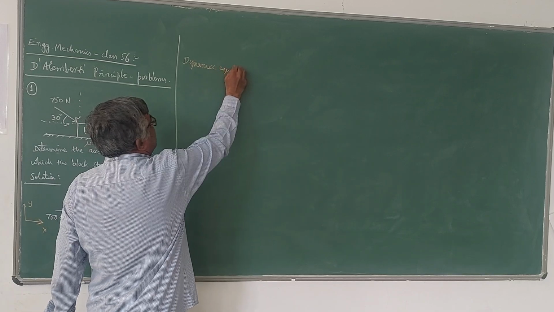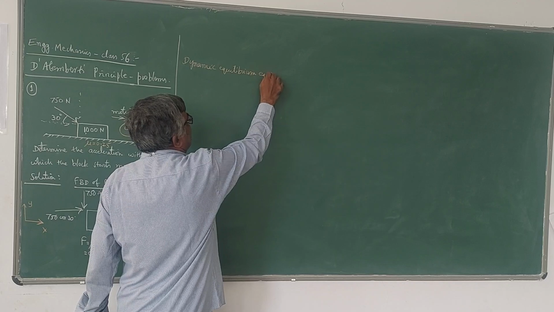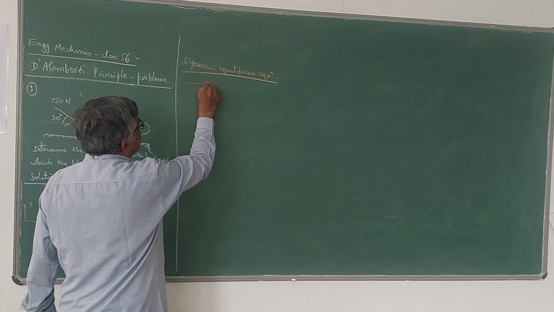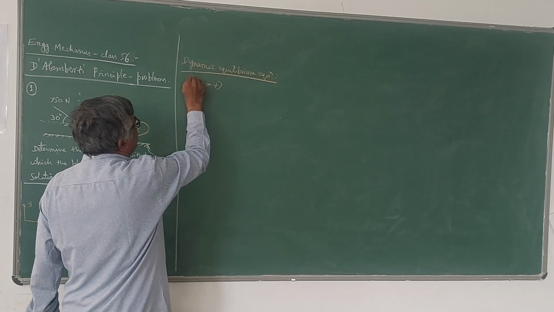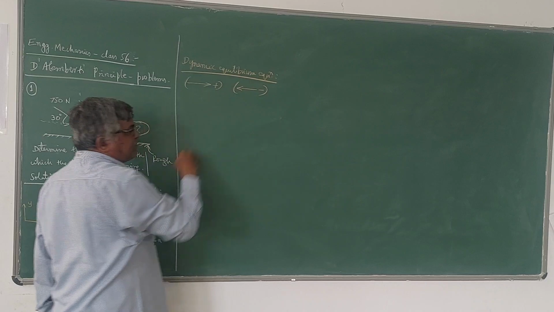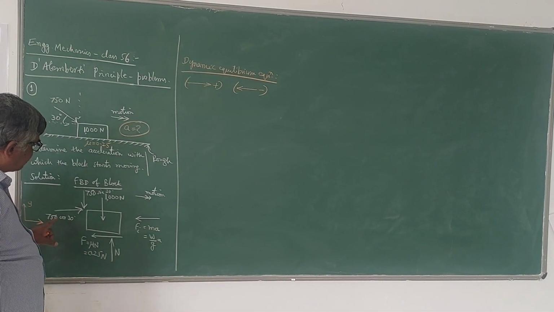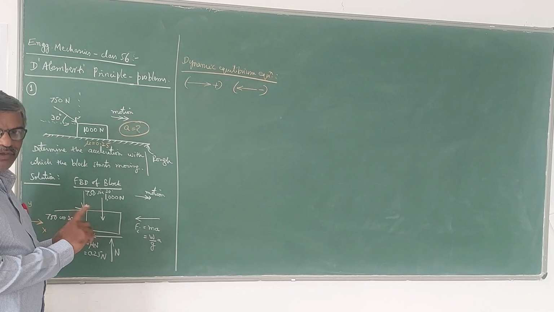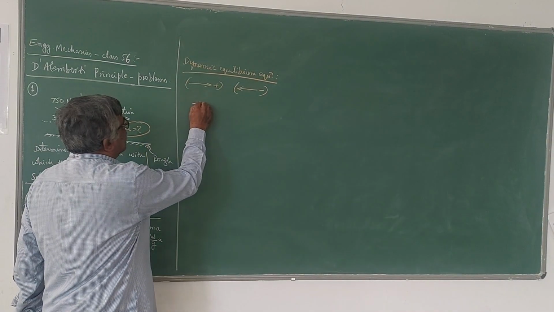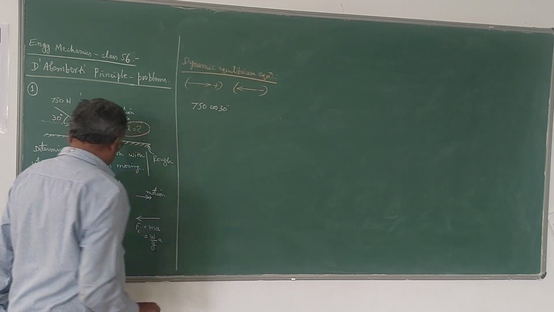The dynamic equilibrium equation is applied along the direction of motion of the block, that is along the x direction. I will take this as positive, and if the force is acting towards left, it is negative. Now here, 750 cos 30 is acting towards right, so it is positive.